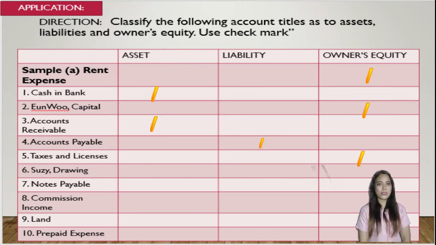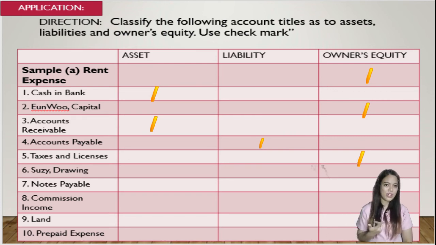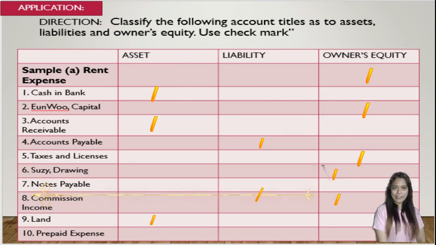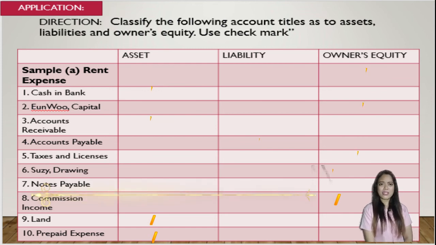Number 7, notes payable. Since it's an obligation, it's payable, so that falls under liabilities. Number 8, commission income. Income, so it falls under owner's equity, of course. Number 9, we have land. Land is an asset, of course. Last one, prepaid expense.